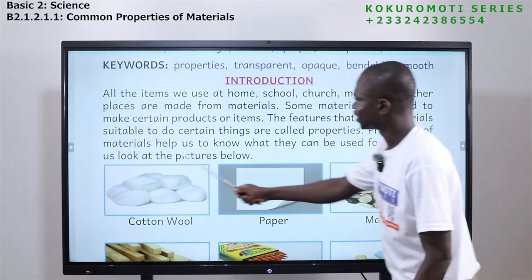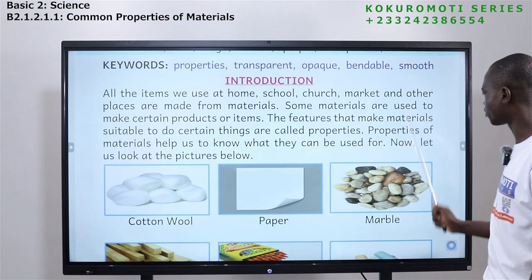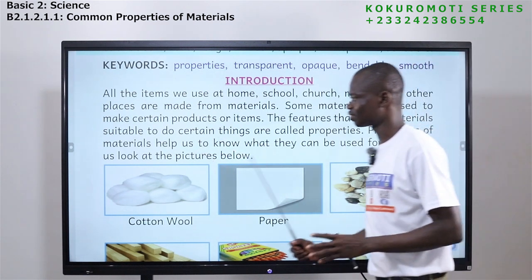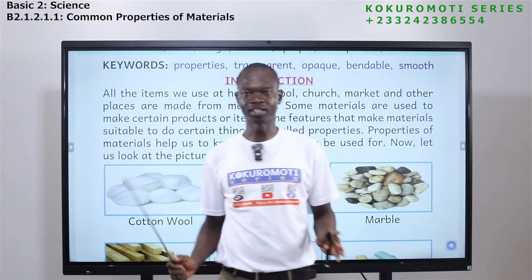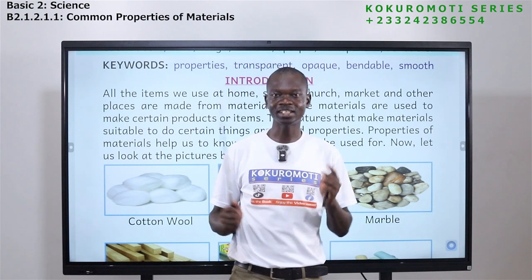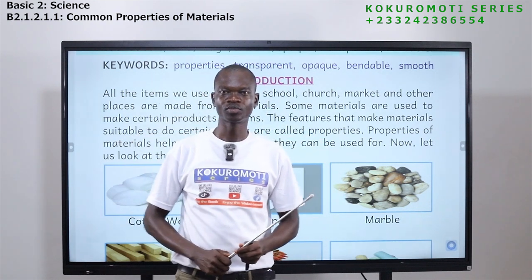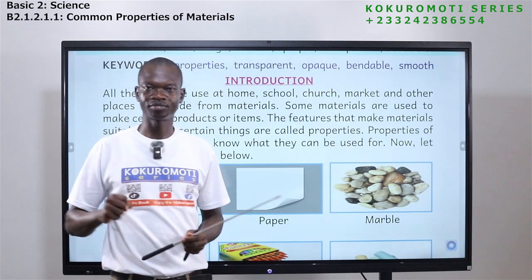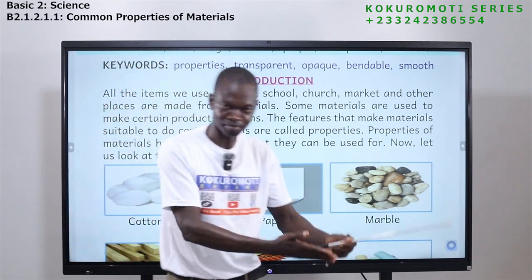Properties of materials help us to know what they can be used for. So today's lesson, we are looking at properties of materials. And we are saying that all the items and objects that we have, we use materials to make them.